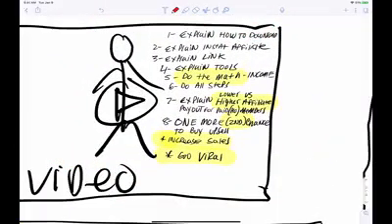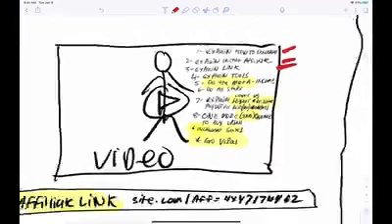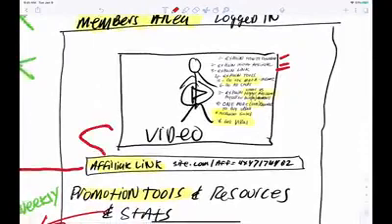Well, number one, you explain how they can download the product. Number two, you explain that you just made them an instant affiliate. Number three, you explain that their affiliate link is right underneath the video right here with their unique affiliate ID already baked in.